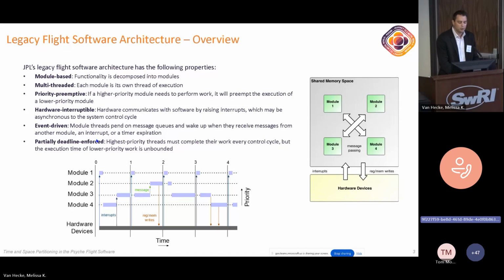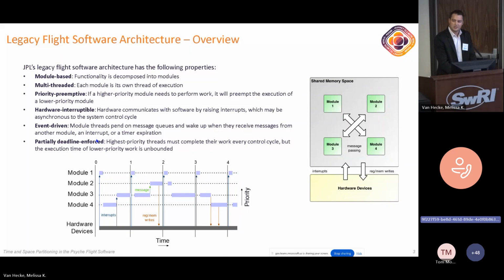It is a priority preemptive architecture, meaning that if a higher priority module needs to perform work, it's going to take the CPU from a lower priority module and then give it back when it's done. The hardware communicates with the software by raising interrupts, so it's hardware interruptible.